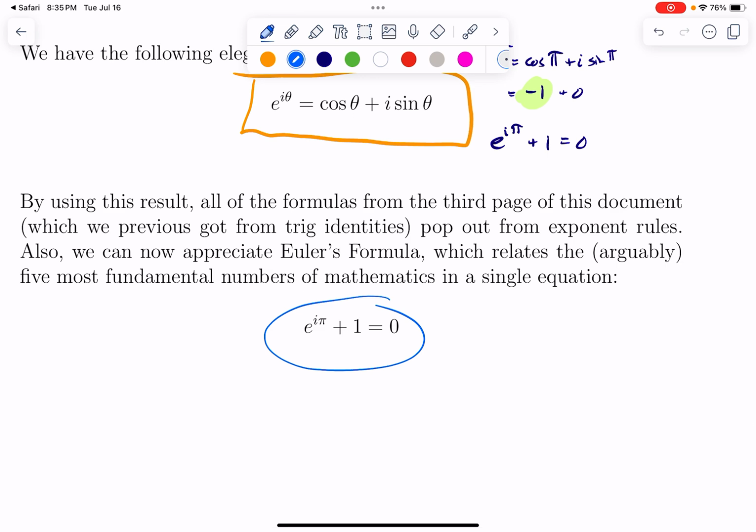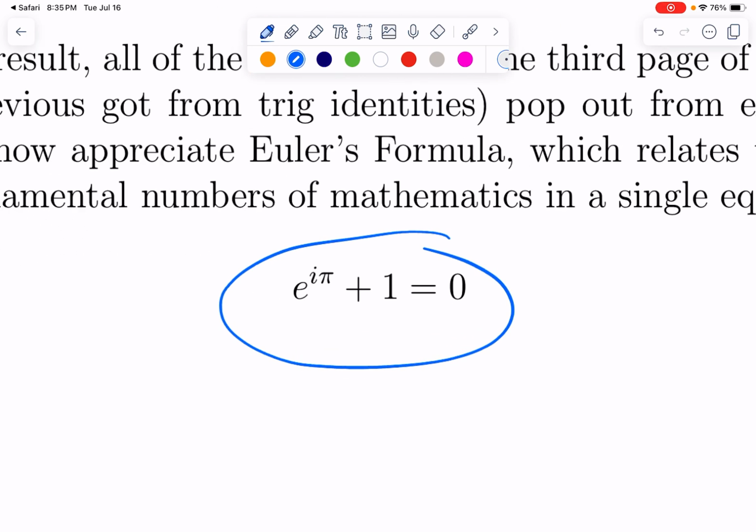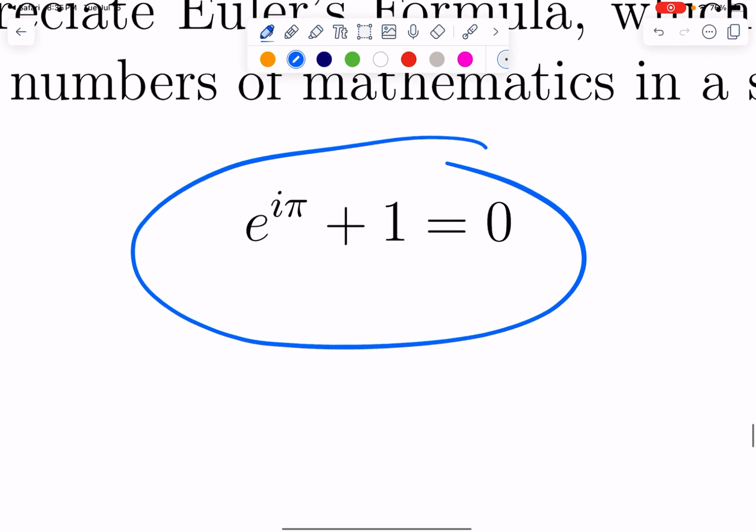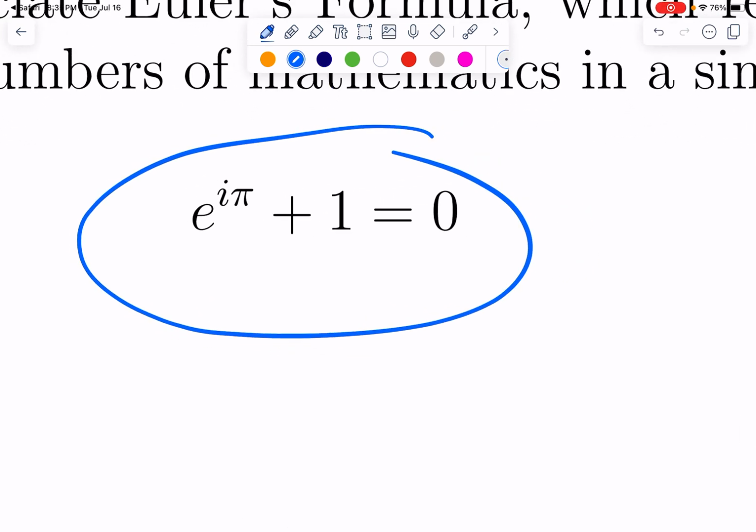It's one of the many things in math called Euler's formula. And a lot of people, what they like about this is it takes 5 of the most important numbers in math. You could argue the 5 most important numbers in math, right? 0 is our additive identity. It represents nothing from the point of view of addition. Obviously, 0 is a very important number. 1, obviously, is a very important number.